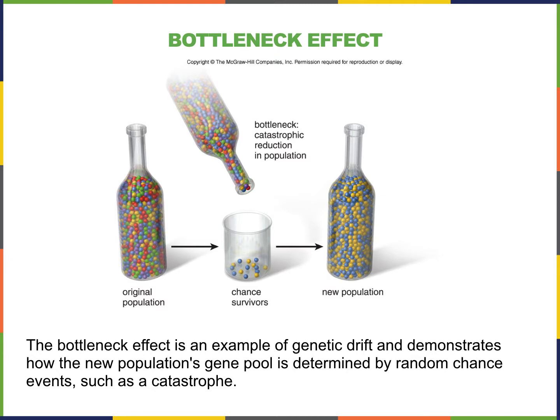So the bottleneck effect is when you see genetic drift, and this can be due to something like a catastrophe. So you have like a volcano or an earthquake, or populations getting separated due to a hurricane. So the original population has a lot of variation, and then those who end up surviving have less variation, and so your genetic drift drifts towards a certain phenotype.